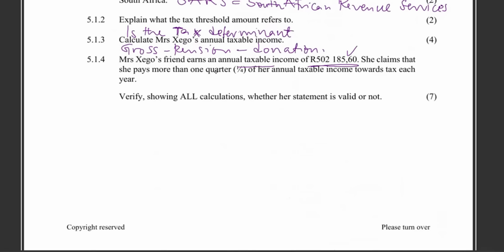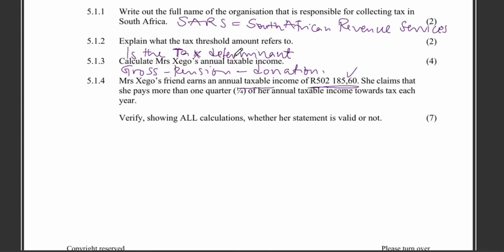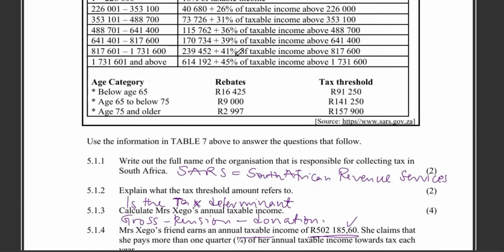Verify showing your calculations. First and foremost, you have to find out where it falls in our bracket that we have up here. Where does this money fall? You come here, it's 502. So 502, I believe it's in between this bracket here.